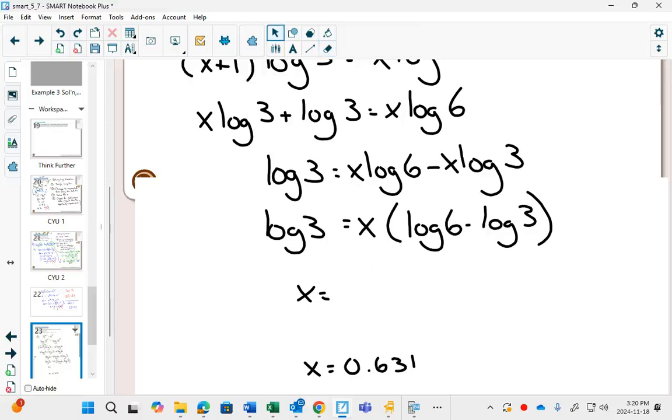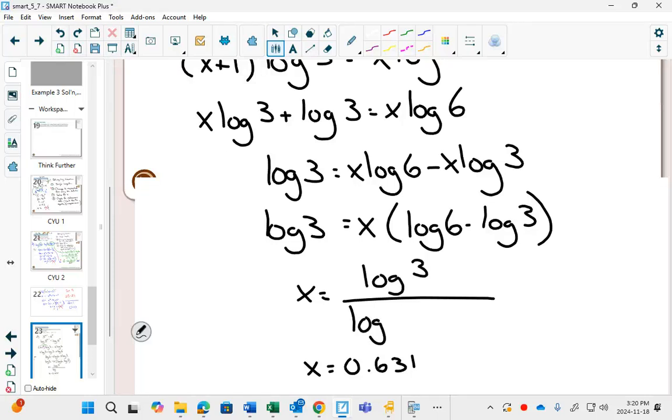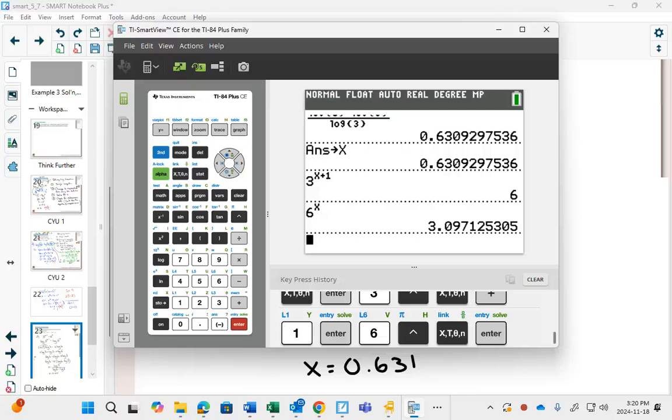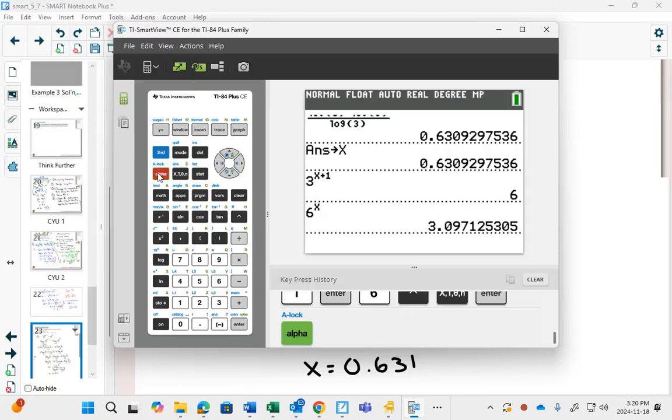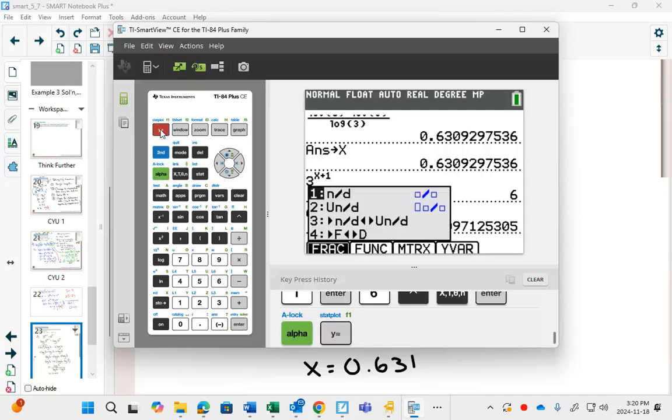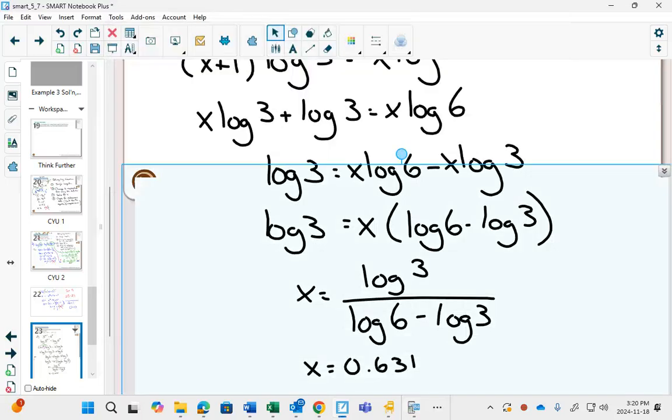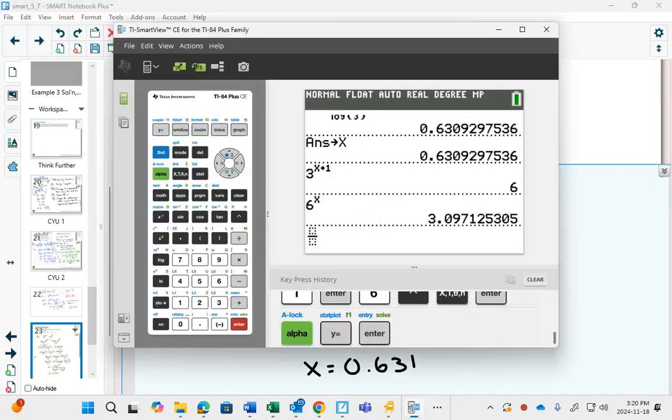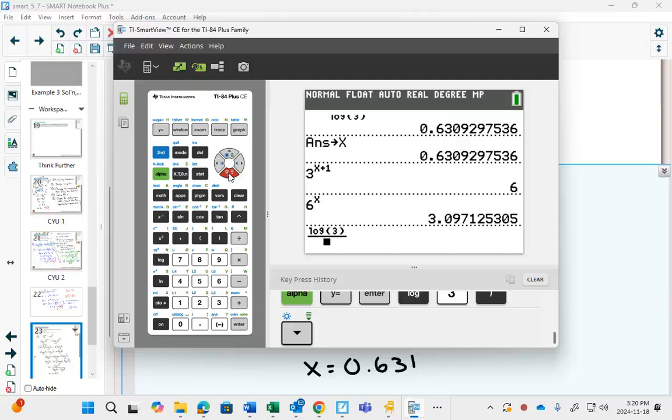Oh, so it should have been like this, right? So let's try that. Hopefully we still have another mistake. Fraction by. So now it should be the log 3 on the top. Log 3. And log 6 minus log 3, right?